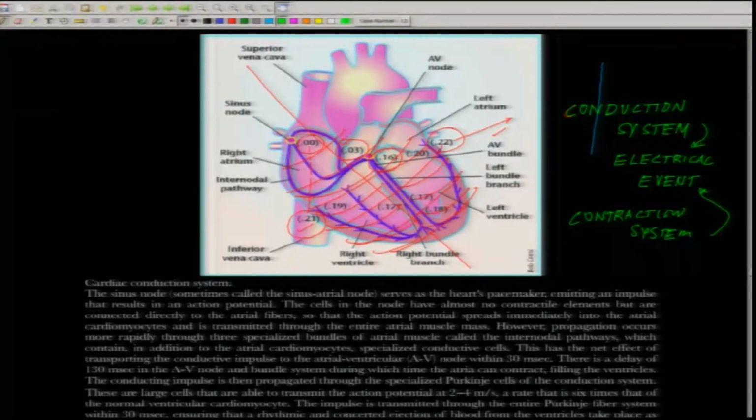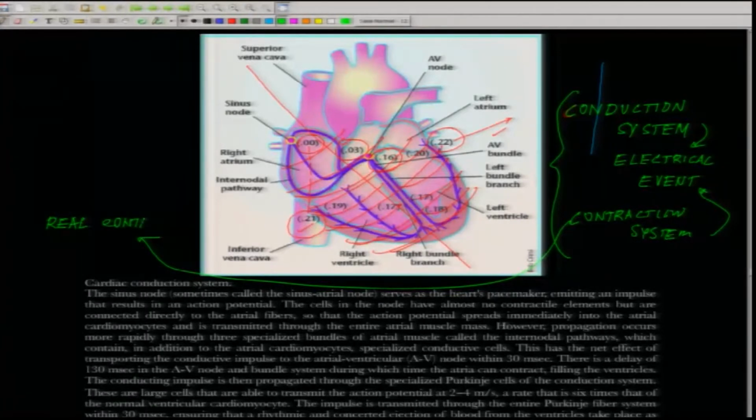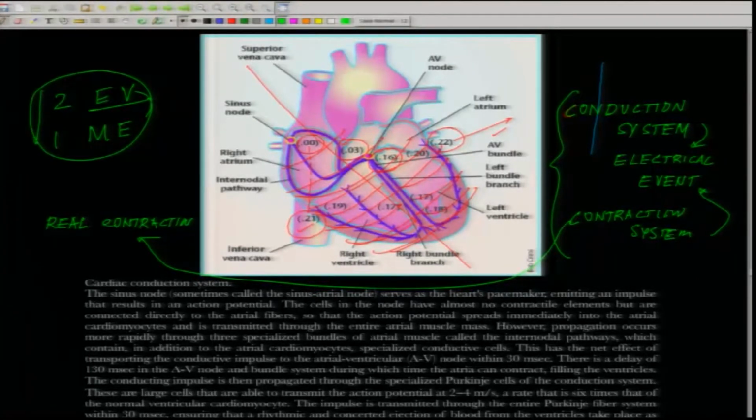These are the two electrical events, followed by the real contraction by the cardiac myocyte. So, you can say two electrical events and one mechanical event. This is what dictates the whole process.